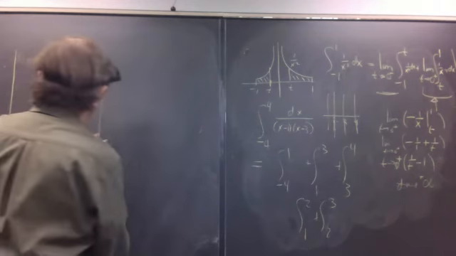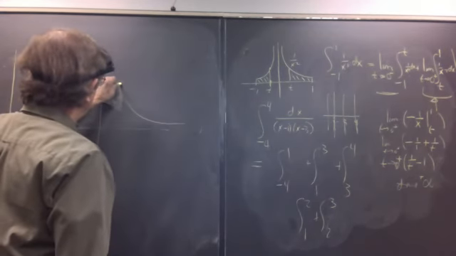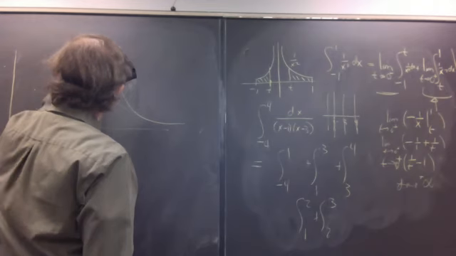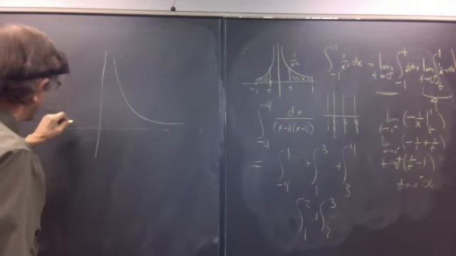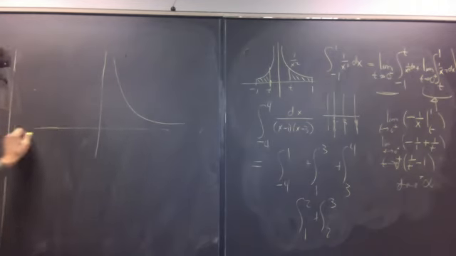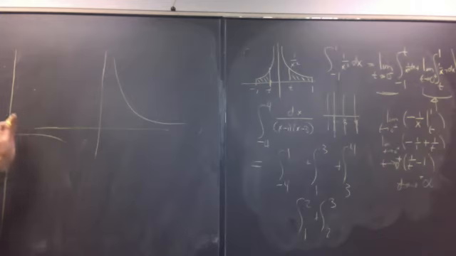What if we have something like 1 over t squared one way and someplace else we go to infinity this way? What I'm trying to get at is, what if we have both kinds? Then you have to split them up.